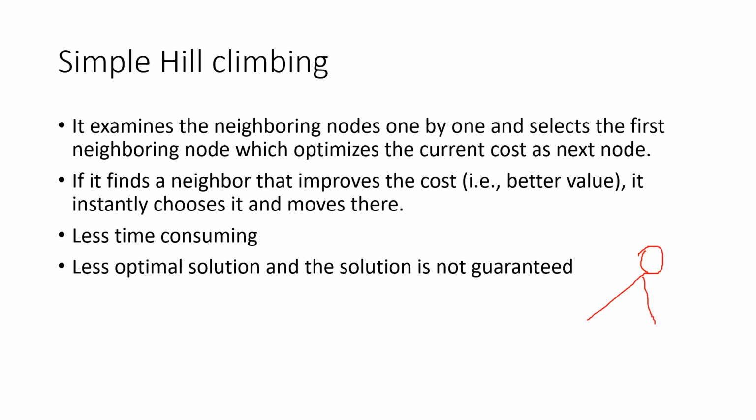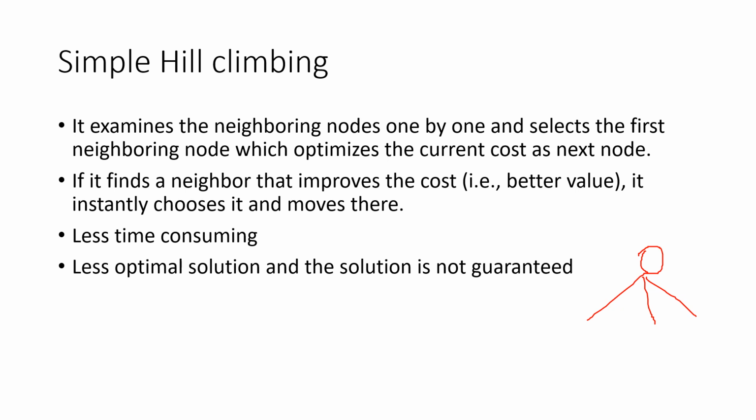In simple hill climbing, neighbors are checked one at a time, not all at once. So there is an order of checking neighbors. The algorithm does not compare all neighbors, so it works according to the order only.